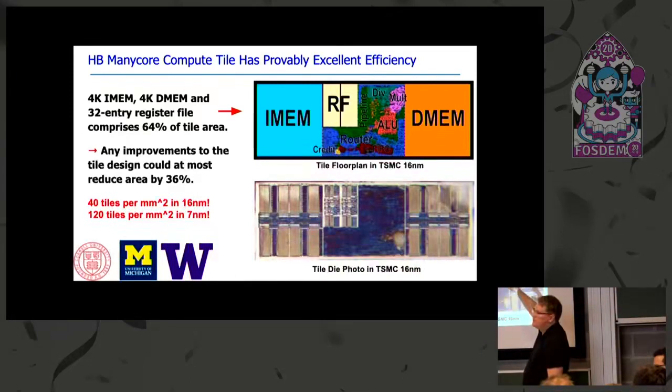So it's a kind of existing proof that you could try to refactor this core and squeeze it down a little more, but the maximum improvement you could possibly get would be about 36%. It's so small, in fact, that you can fit 40 of these per millimeter in 16 nanometer, and in 7 nanometer you'd be able to fit 120 of these per millimeter.